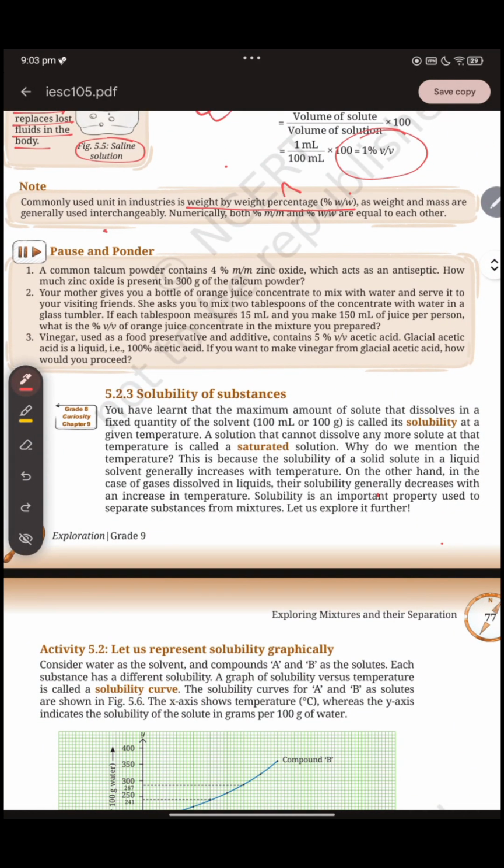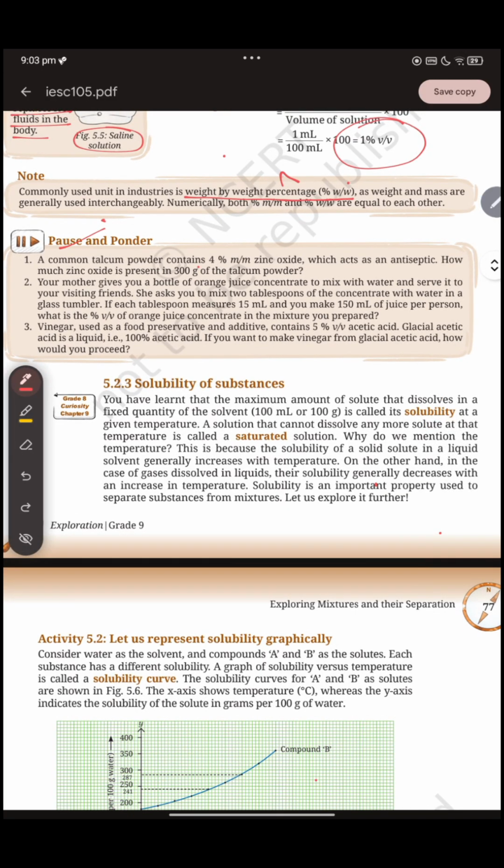A common talcum powder contains 4% mass by mass of zinc oxide, which acts as an antiseptic. How much zinc oxide is present in 300 gram of the talcum powder? This is the practice question.